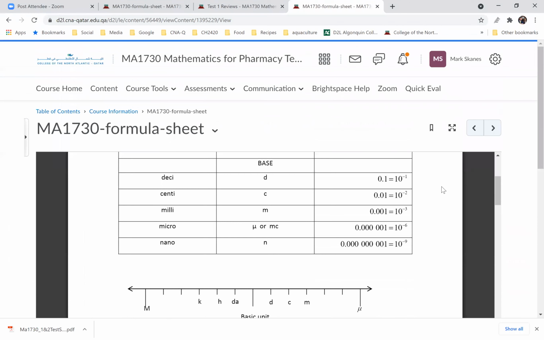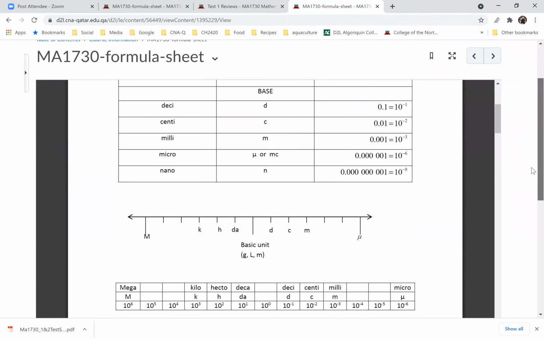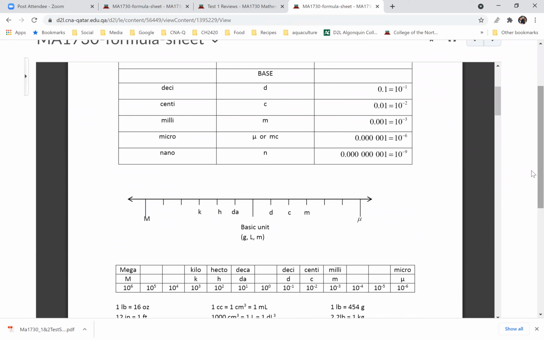I think for something like this, it's pretty easy to use the number line. I'm going from milligrams to kilograms, so from milli to kilo.